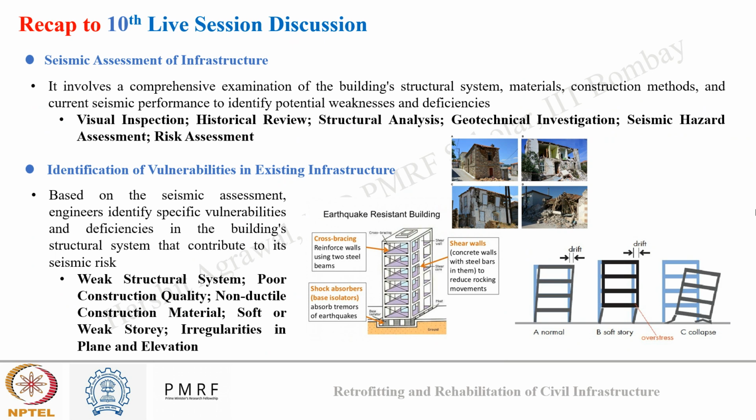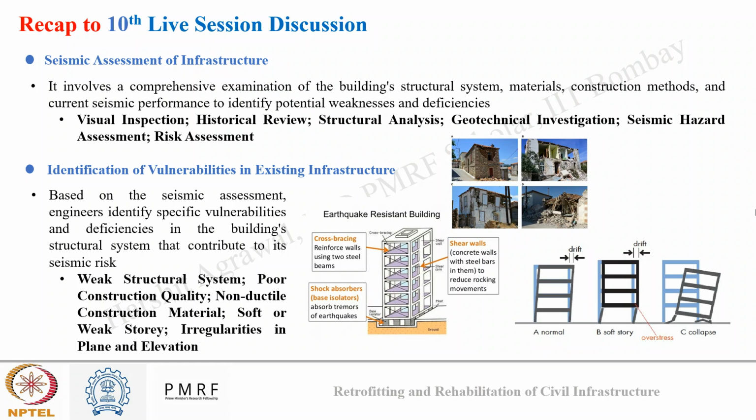So, based on the assessment, different vulnerabilities and deficiencies in the building can contribute to seismic risk. These deficiencies include weak structural system, poor construction quality, non-ductile construction material, soft or weak story, or irregularity in plan and elevation.